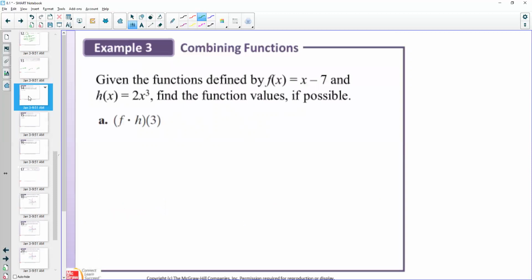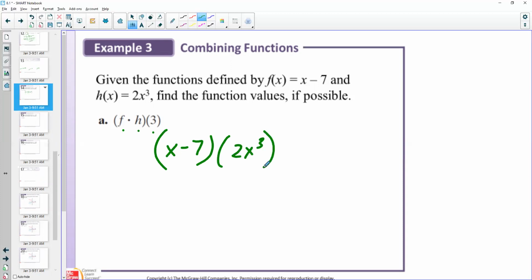Okay. Now let's try something a little different. We can combine different things and we can give them a value. In this case, what this means is f of x times h of x at 3. Sometimes it's easier to put the value in and then combine the functions, sometimes it's easier to combine the functions, then put the value in. It depends. So in this case, I'm doing x minus 7 times 2x cubed.